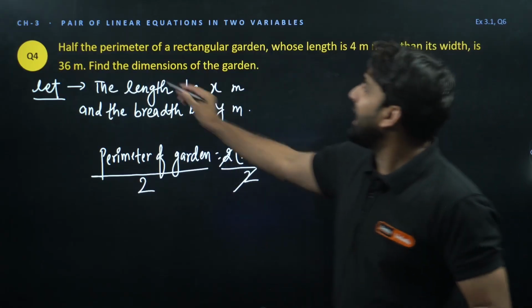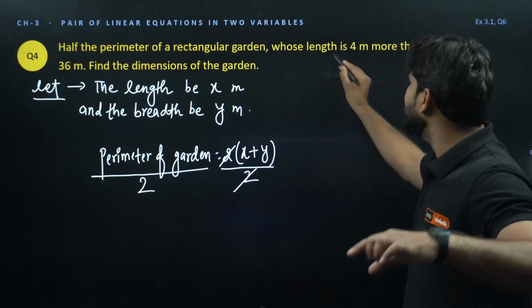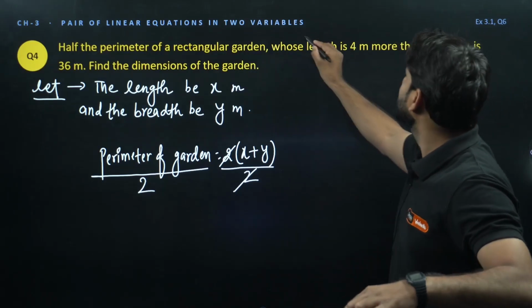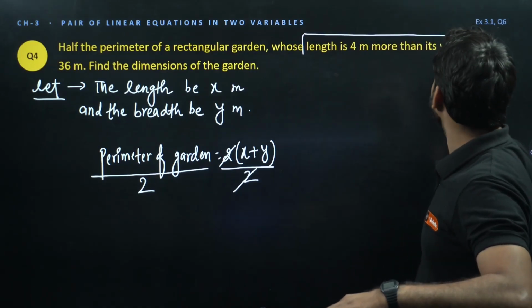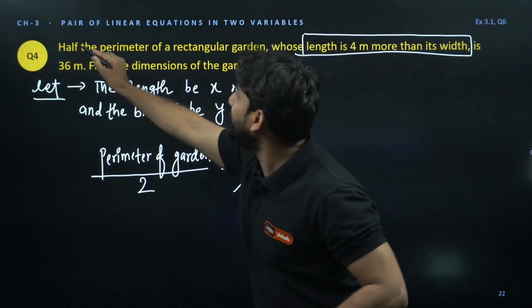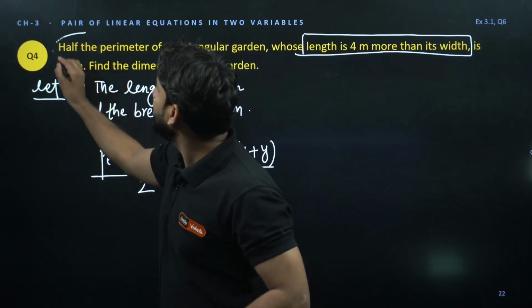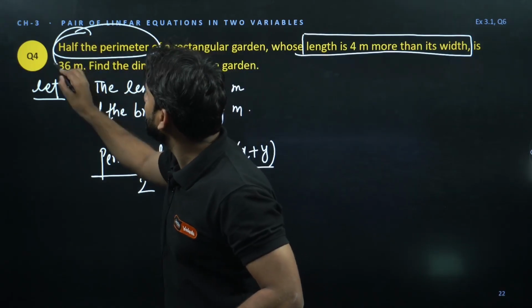Okay. Half the perimeter of rectangle whose length is 4 meter more than this. So my dear, this is a separate language. This is separate information, and half of the perimeter of rectangle is 36 meter. So here half of the perimeter is equal to 36.